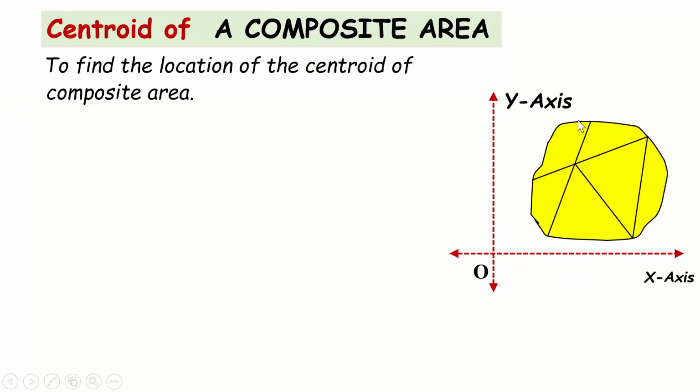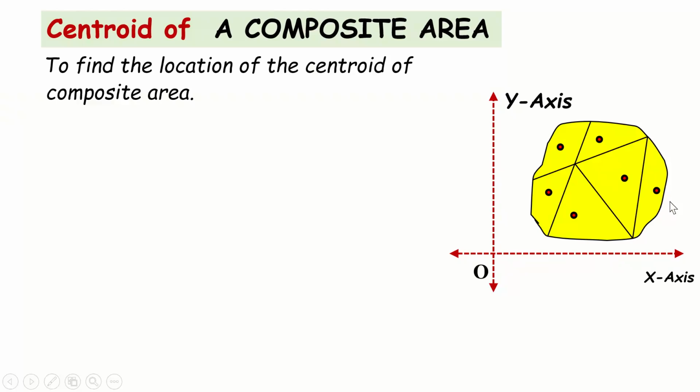So here if you see, the final section or final area is a combination of various small individual areas, as you can see from the figure itself. Now these smaller areas will have their own centroids. You can see here, this area has got its centroid here. Similarly, the second one is over here, third one is over here.